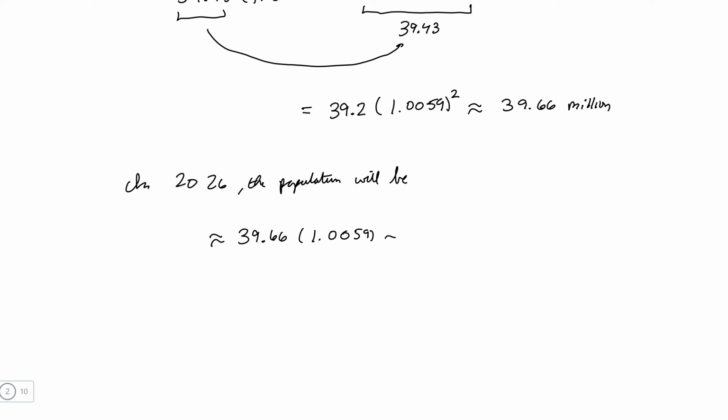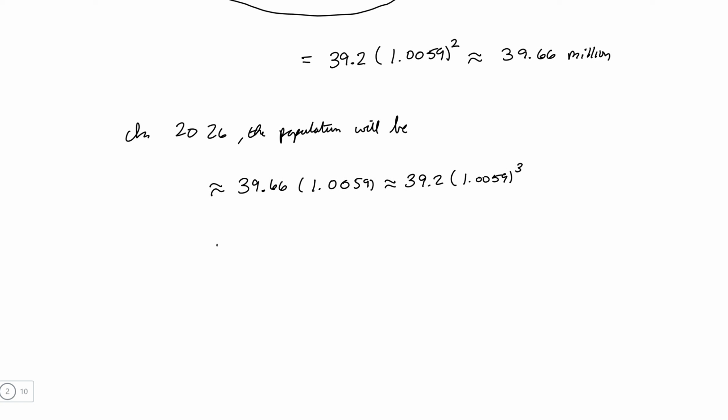And notice if we write this in terms of our very first population, we put on another 1.0059. So this is now 1.0059 cubed. And so this is about 39.89 million. And from this we can hopefully see a pattern here.